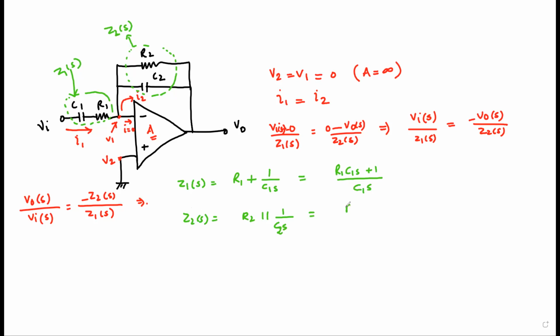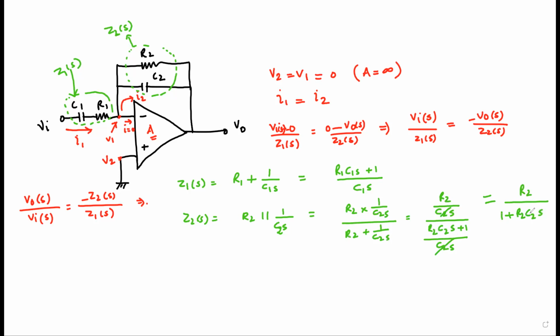So it would be R2 times 1 divided by C2 S, over R2 plus 1 divided by C2 S. This term gets cancelled. Final value for Z2 of S is R2 divided by 1 plus R2 C2 S. So that's how we get this configuration right over here.